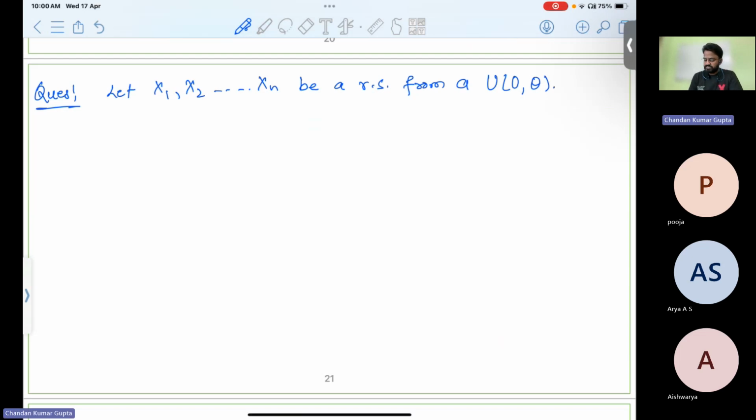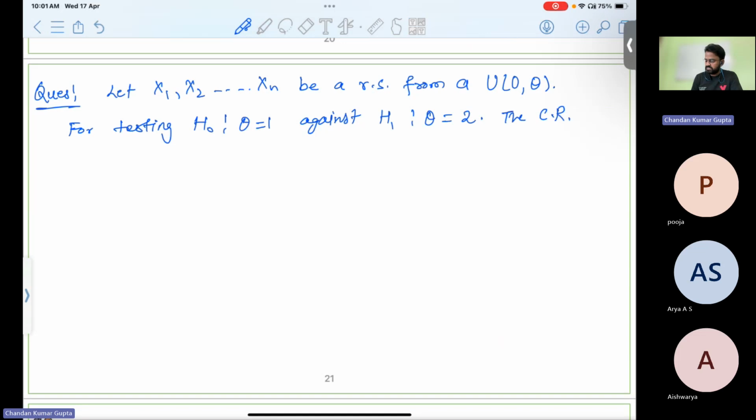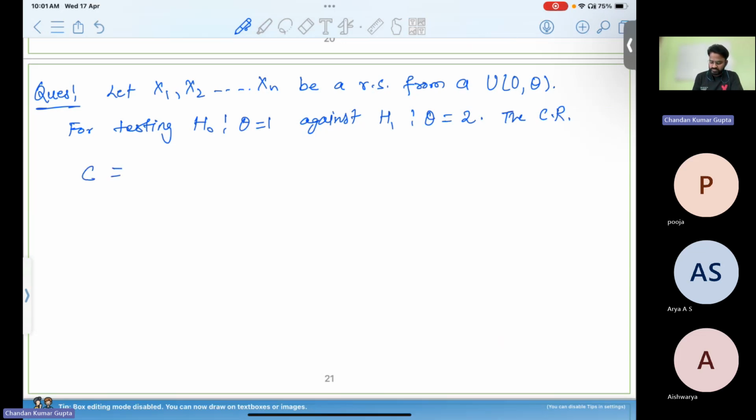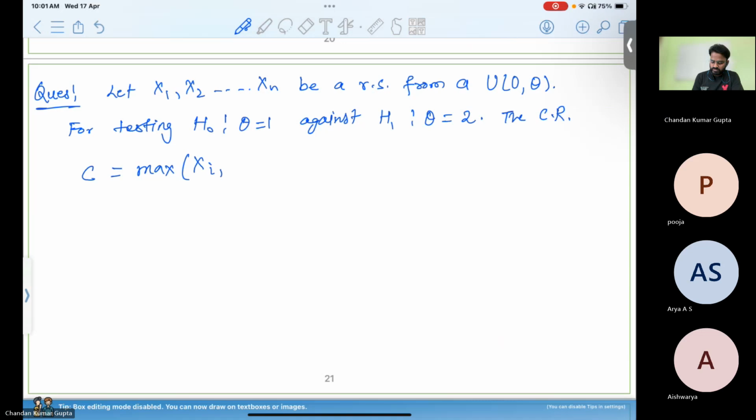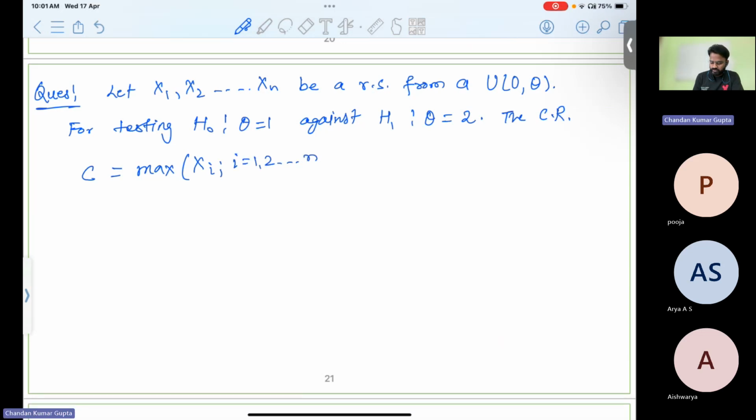For testing H naught such that theta equal to 1 against H1 such that theta equal to 2, the critical region CR is defined like this, which is equal to the maximum over i from 1 to n of Xi, that is, maximum of X1, X2 up to Xn.